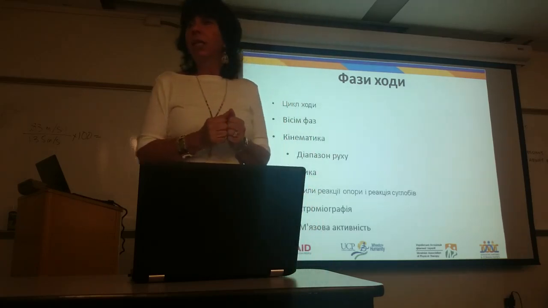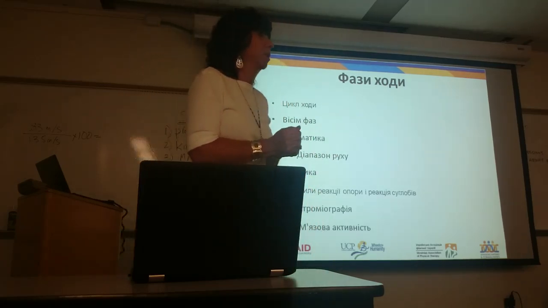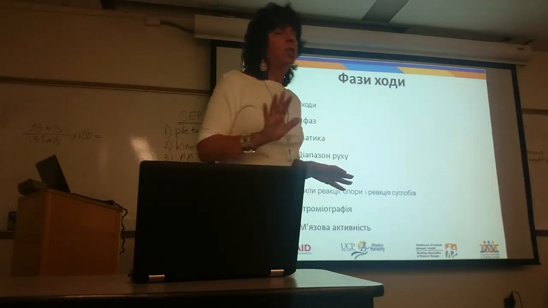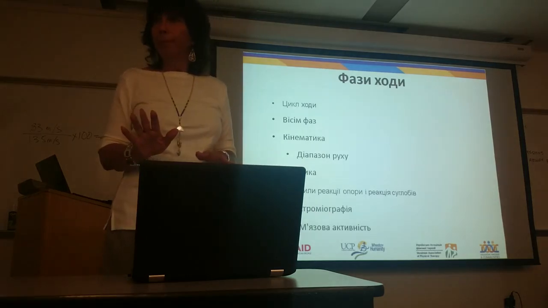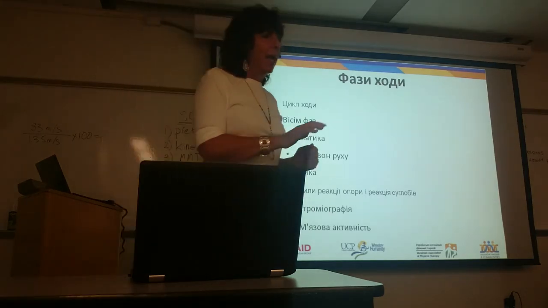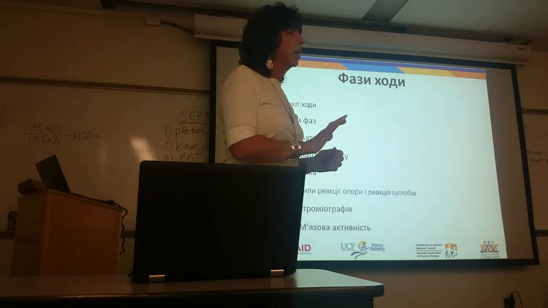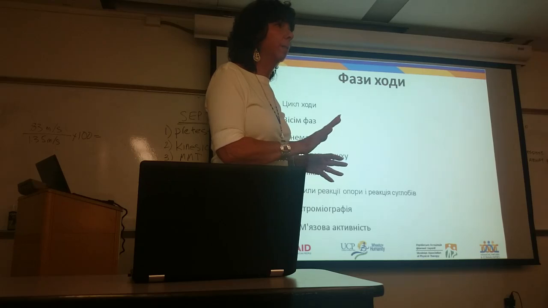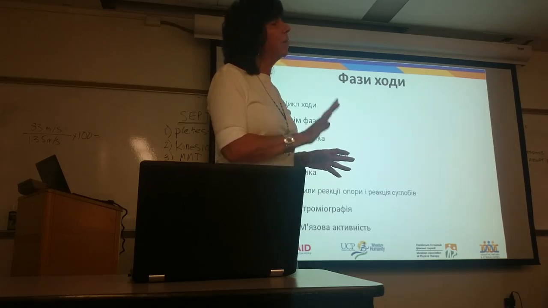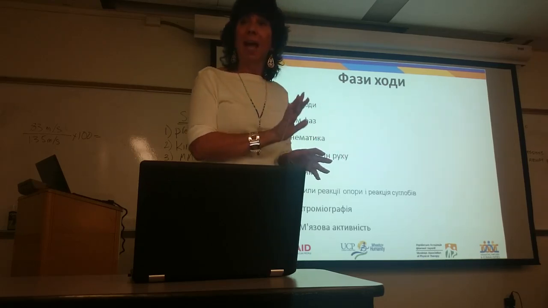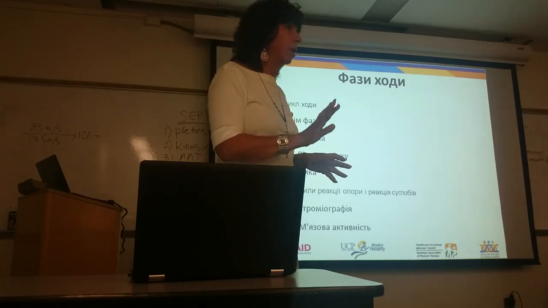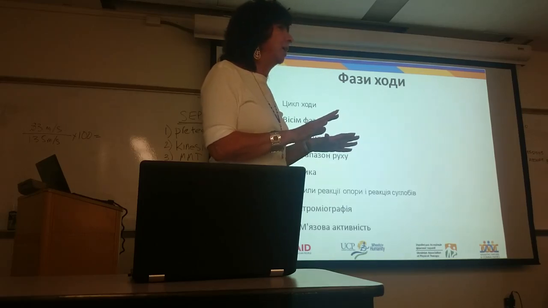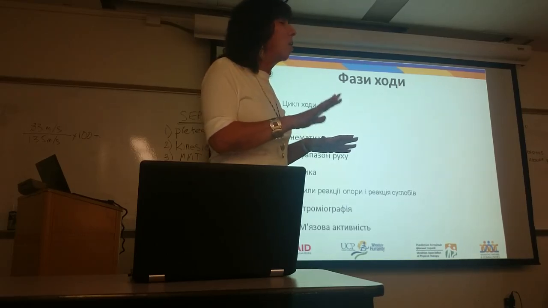Now this is important. It's important to understand when a muscle comes on and when a muscle comes off, and it's important to understand that for normal, because when we start looking at a patient, if we're looking at the cause of what the problem is for a patient, we have to understand that if we think that a muscle is weak and that that's causing a particular problem with the patient, if that muscle isn't normally active during that phase, then weakness of that muscle cannot be a problem.